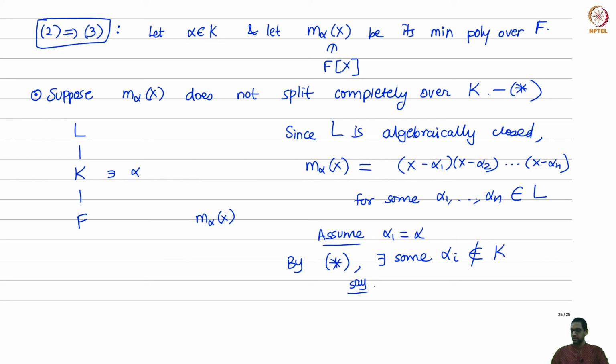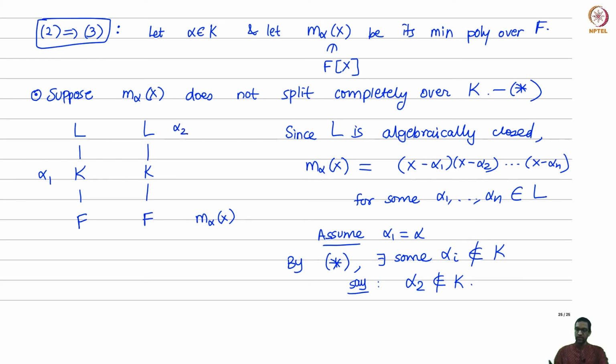Let's just renumber our alphas if necessary and say alpha 2 is not in K. So alpha 1 is in K, but alpha 2 is not in K, and that is somehow the key point here. So I have L, K, F, and the situation is I have one root in K and I find another root which is not in K, but outside K, it's only in L, for example. Whatever it is, it's outside K.